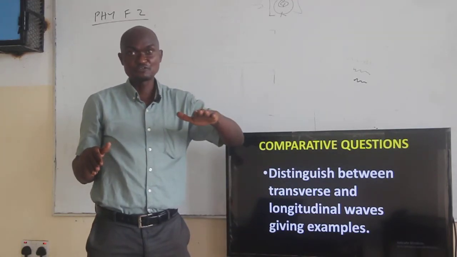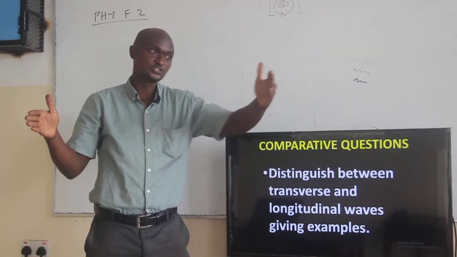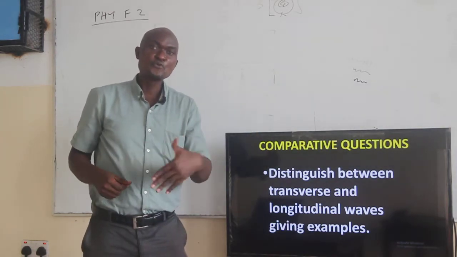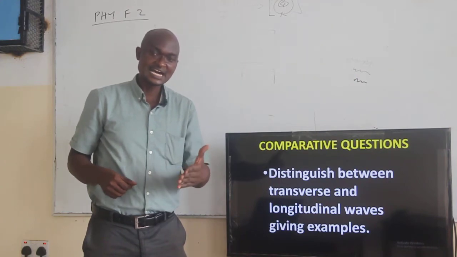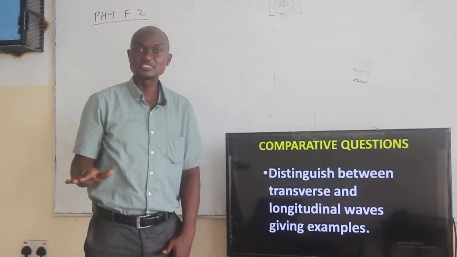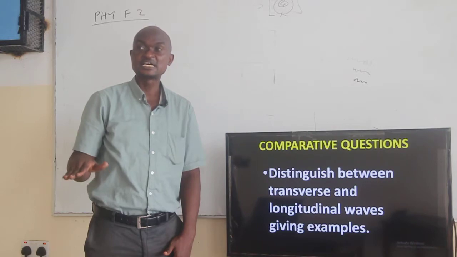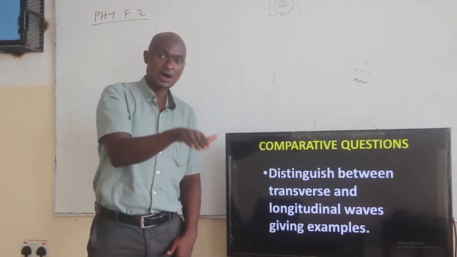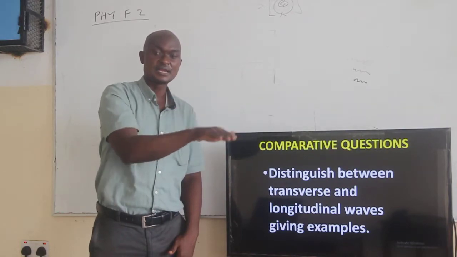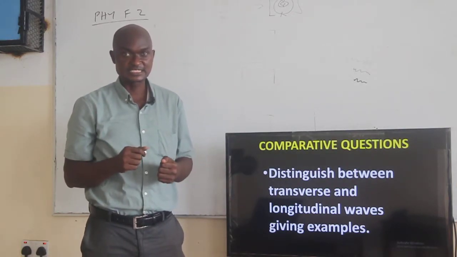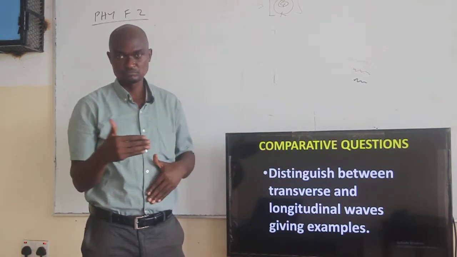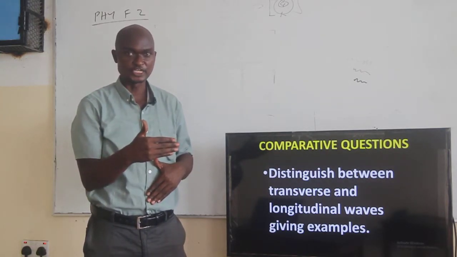In actual fact, the wave is moving from one point to the other, but the particles of the medium through which it is moving are displaced up and down, up and down. They are displaced in such a way that it is perpendicular to wave motion.